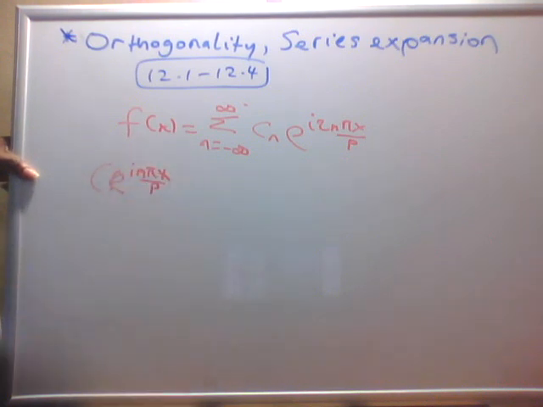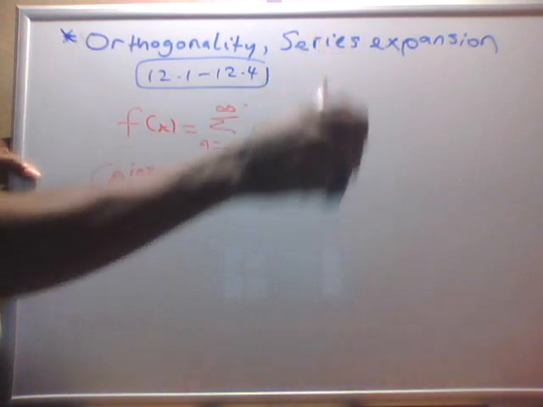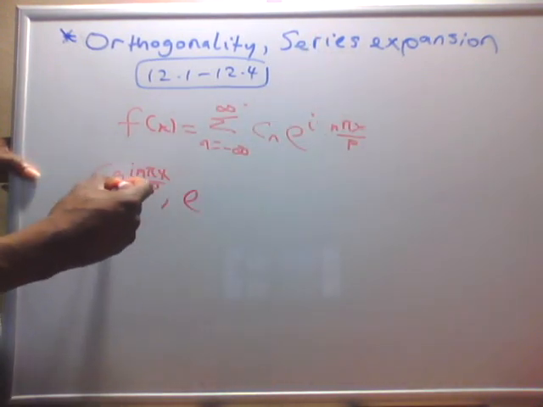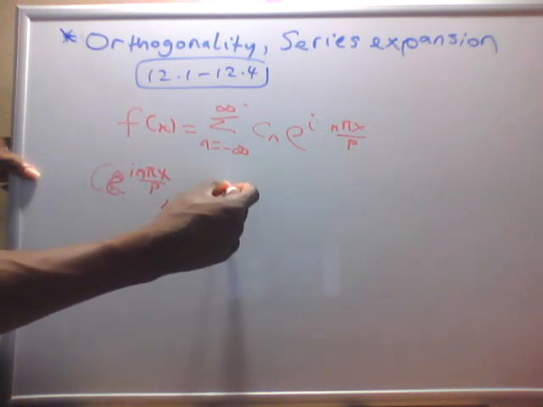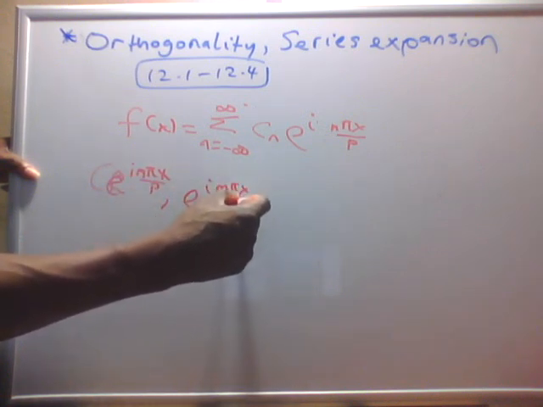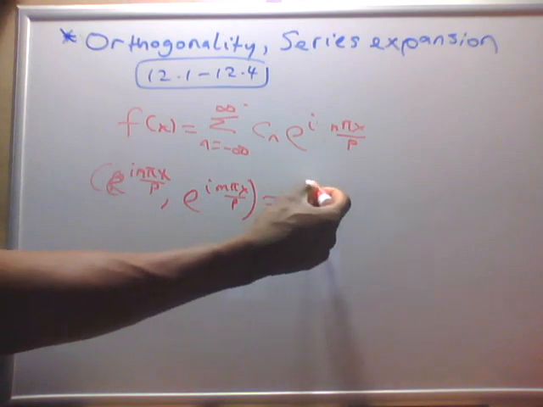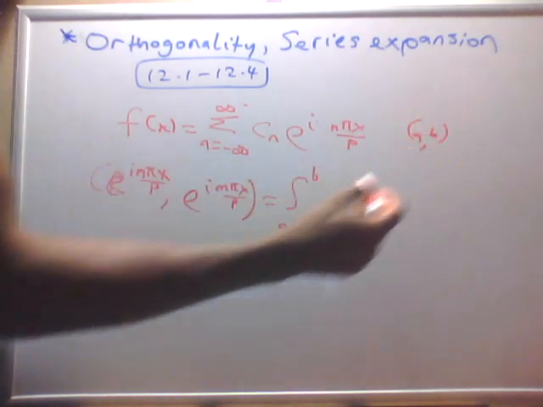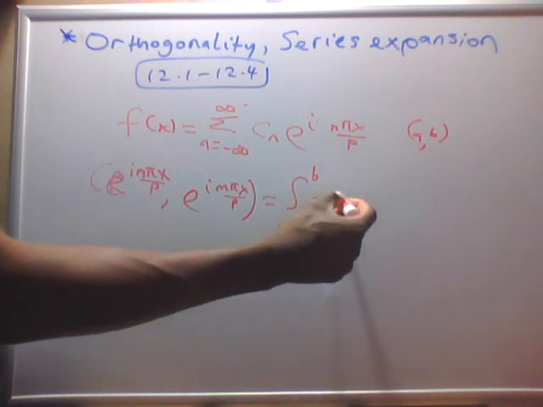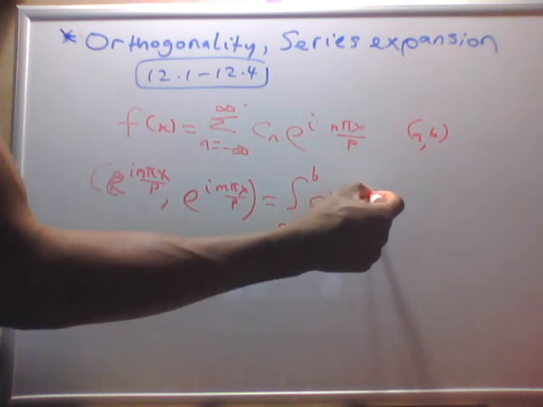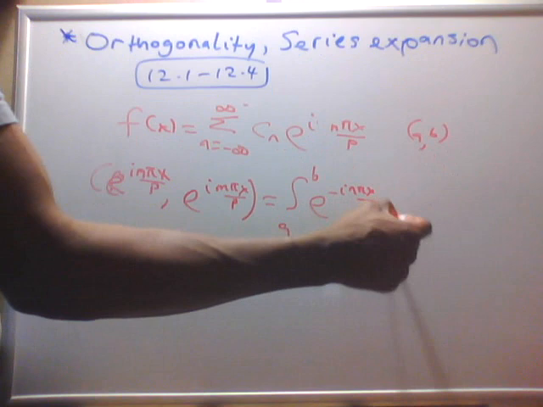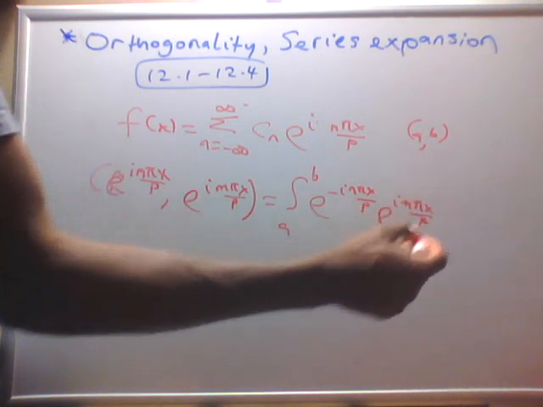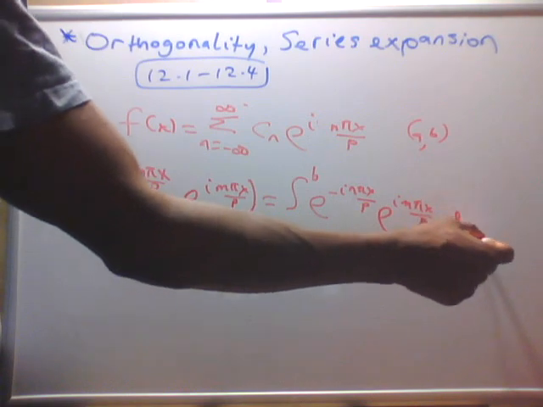Or I might put in 2 here, sorry. And e^(i m pi x over p). For an interval a b, it will be defined as the integral of e^(-i n pi x over p) times e^(i m pi x over p) dx.